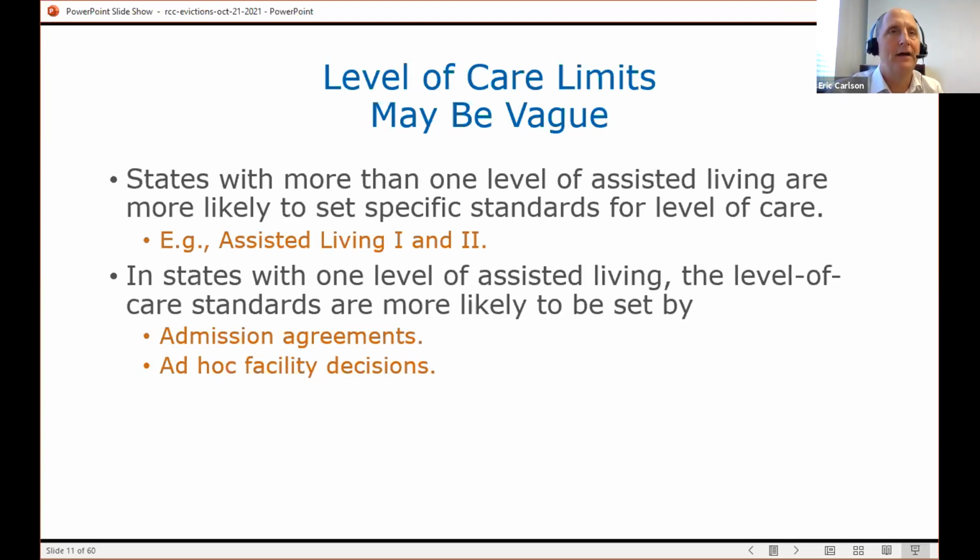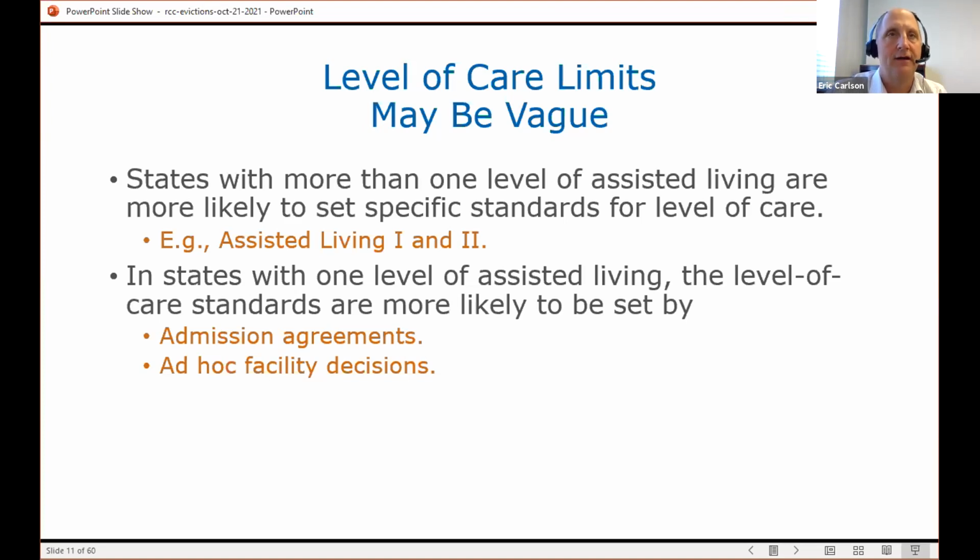And I want to point out here that that doesn't mean that consumers are helpless in these situations. There is some law that can be brought to bear in these cases, but I just want to point out that the facility may at least initially believe that they have complete discretion to make these ad hoc facility decisions.